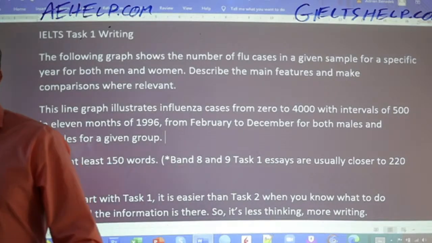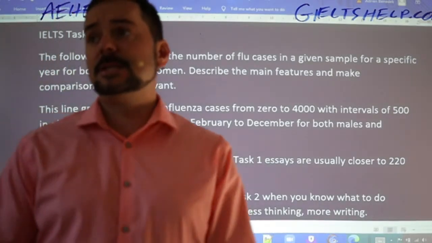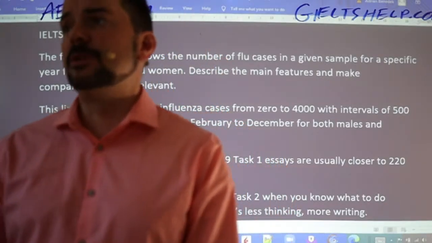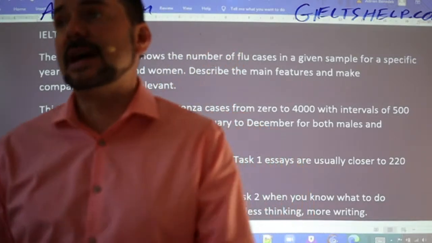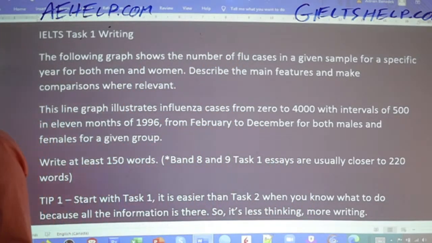June writes, this line graph depicts the influenza rates for both males and females in the year 1996 over the course of 11 months from February to December. The y-axis ranges from 0 to 4,000 with intervals of 500 cases. Very nice, June. That's some very nice technical writing. That's what you need to do.